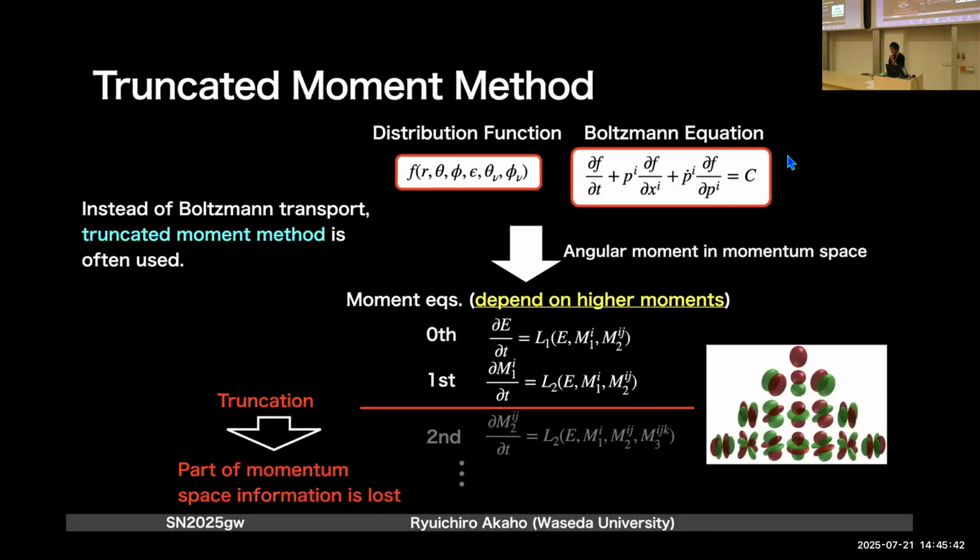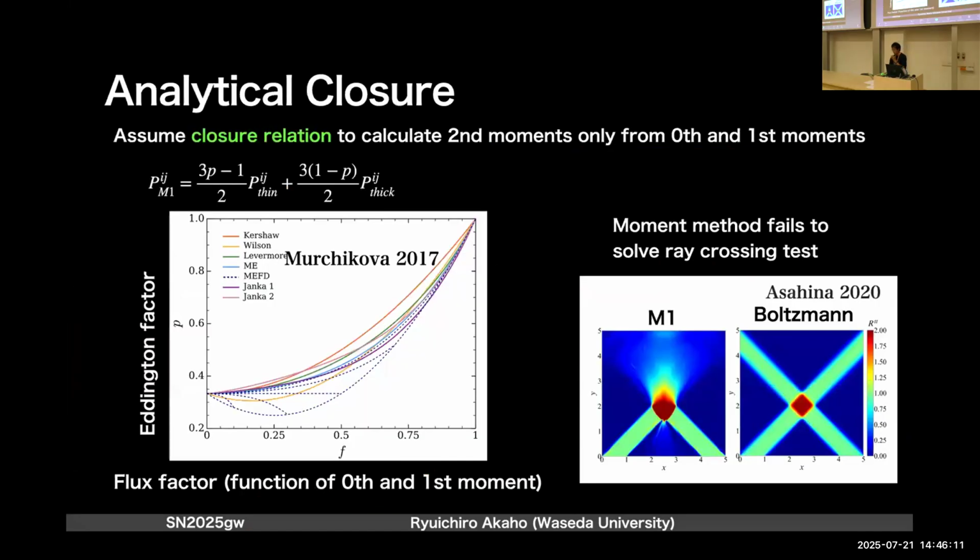Since solving the Boltzmann equation is expensive, the most popular approximate neutrino transport method is the M1 method, or truncated moment method. This takes the angular moments of the distribution function in momentum space and truncates the higher-order ones.